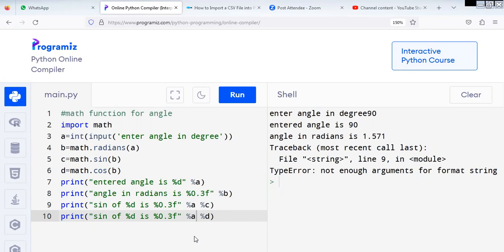You can make one simple program now to find the area of a circle.